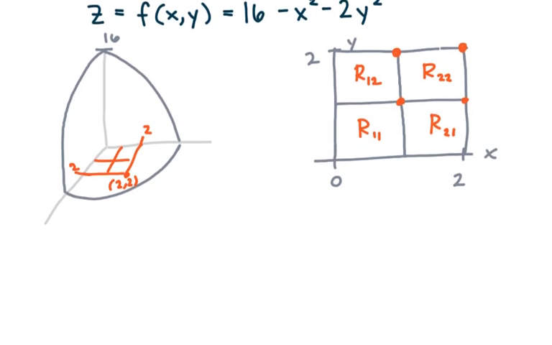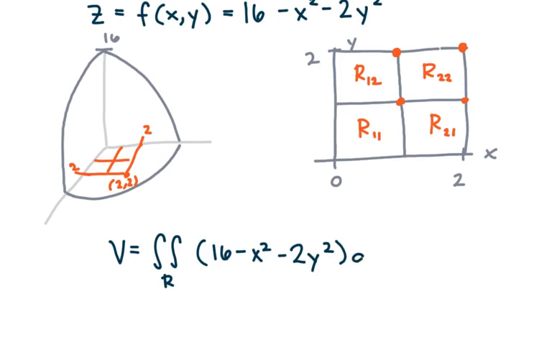So by definition, that volume is going to be this double integral over the region R of this function 16 minus x squared minus 2y squared dA. That would be the way I would set up my double integral.